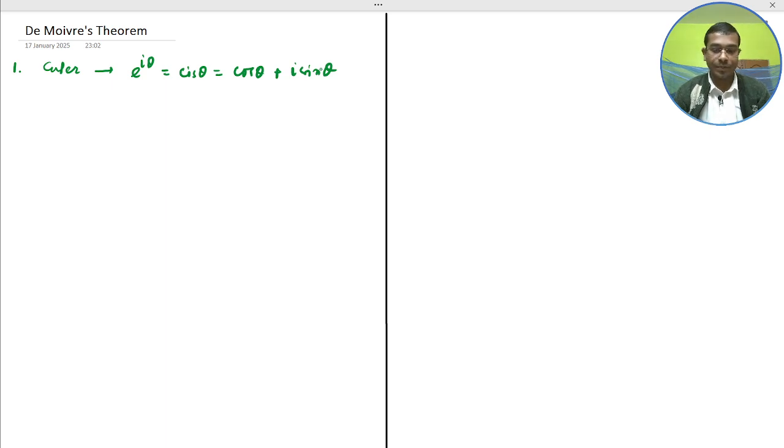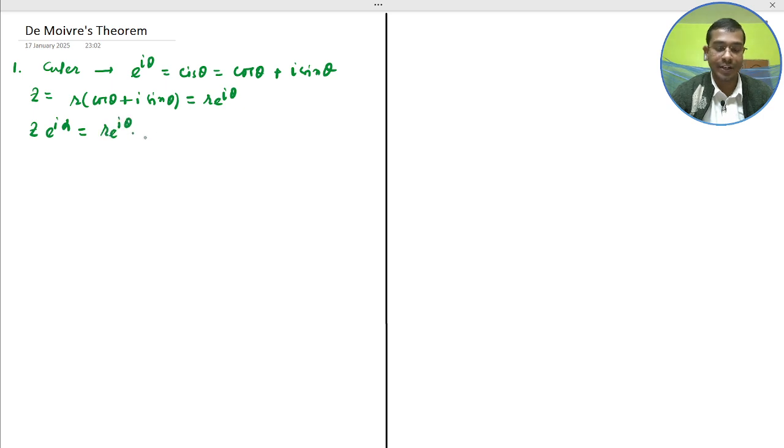Geometrical interpretation of multiplying a complex number by exponential i alpha: we note z equal to r (cos theta plus i sin theta), that is written in the form r exponential i theta. So we multiply here by exponential i alpha, that becomes r exponential i theta into exponential i alpha, which is equal to r exponential i (theta plus alpha).